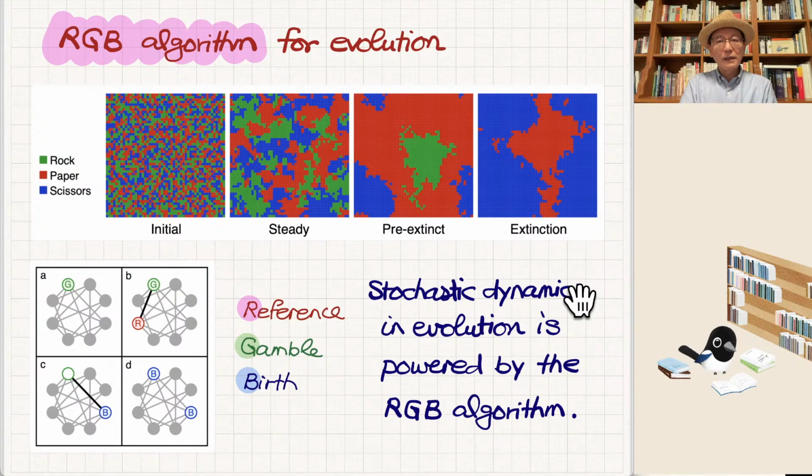So I believe that for this RGB algorithm, there would be some equivalent nonlinear diffusion equation with stochastic noise and also highly nonlinear interaction between them. But can the coupled nonlinear diffusion equation recover the result?